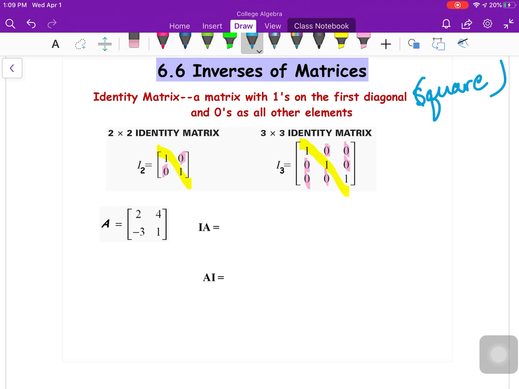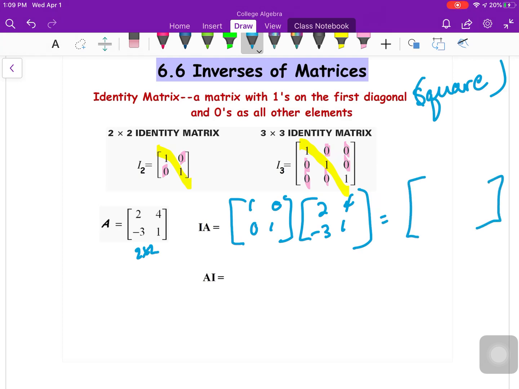Okay, so what happens when we multiply the identity matrix times matrix A? Well, matrix A is a 2 by 2, so the identity I'm going to use is a 2 by 2, so 1, 0, 0, 1 times 2, 4, negative 3, 1. 2 by 2 times a 2 by 2 should give me a 2 by 2.